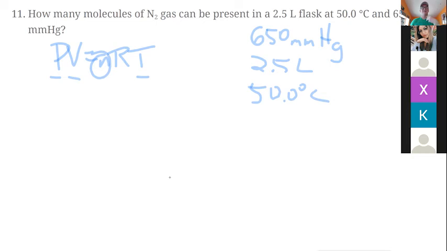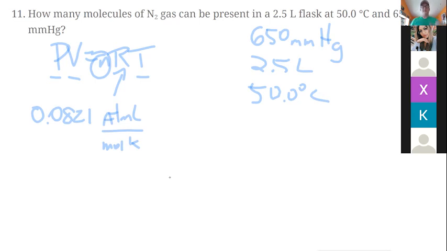So in this instance, we're going to need to convert our units because we're now dealing with R. R is 0.0821. Anyone remember what the units are? Liters ATM over moles Kelvin. Yeah, atmosphere liters over mole Kelvin. It's a weird number.